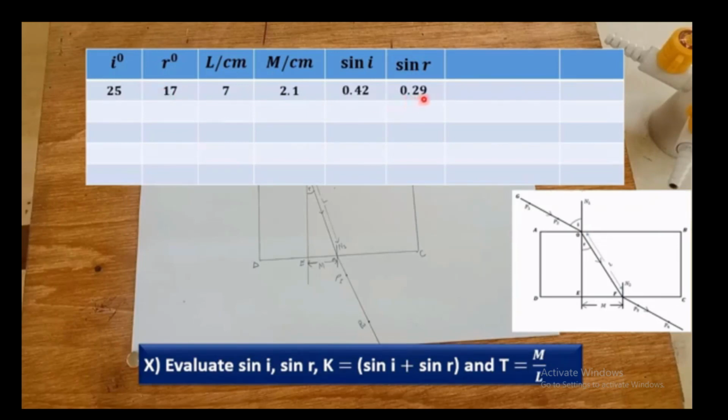Then our K equal to sine I plus sine R, because we are asked to evaluate the value of sine I plus sine R, which is equal to 0.71. Then the value of our T, which is M over L. Then our M is 2.1, then our L is 7. So 2.1 divided by 7 is 0.30.